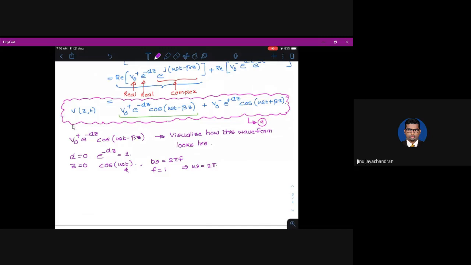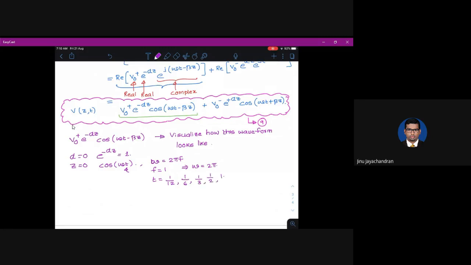Now t varies. So t can be from 0 to any value in infinity. But we are going to take some values to see how the waveform looks like. So let's take t is equal to 1 by 12, 1 by 6, 1 by 3, 1 by 2, and 1.